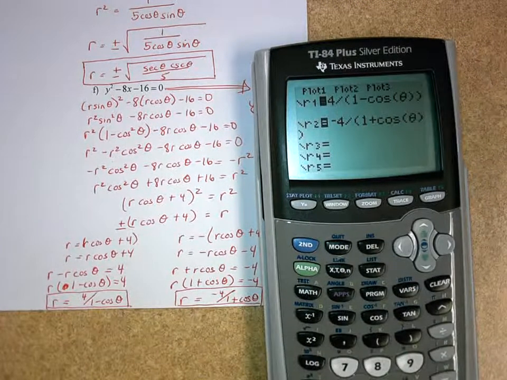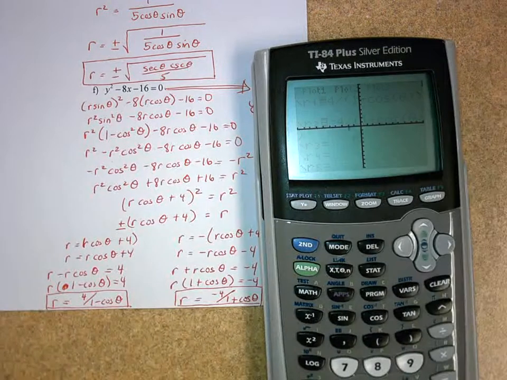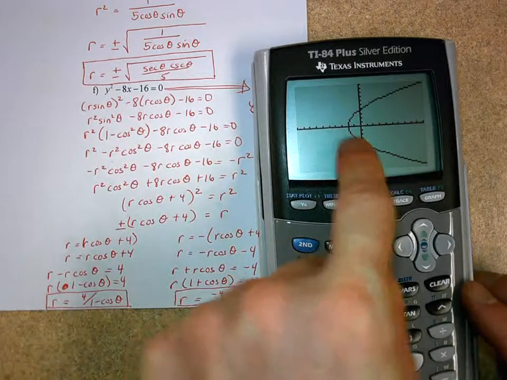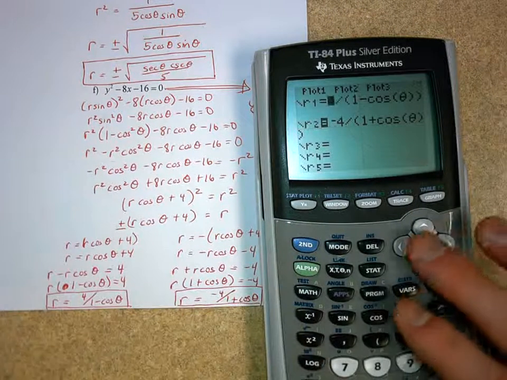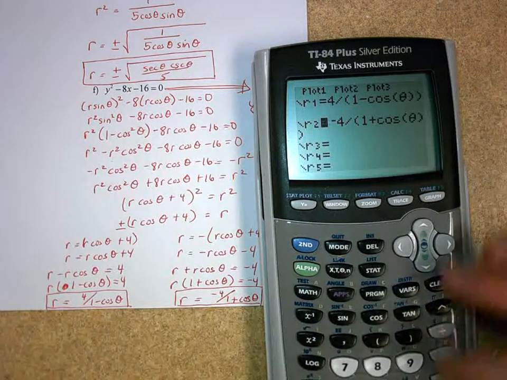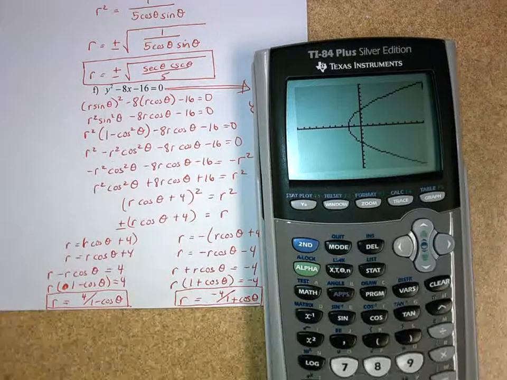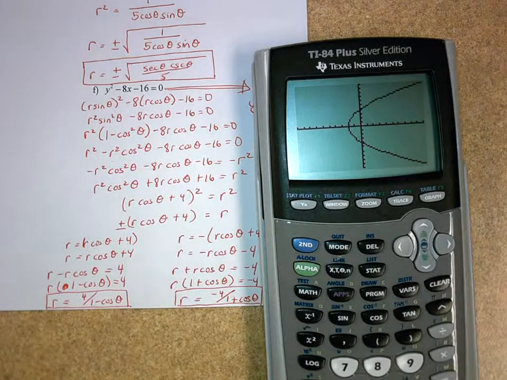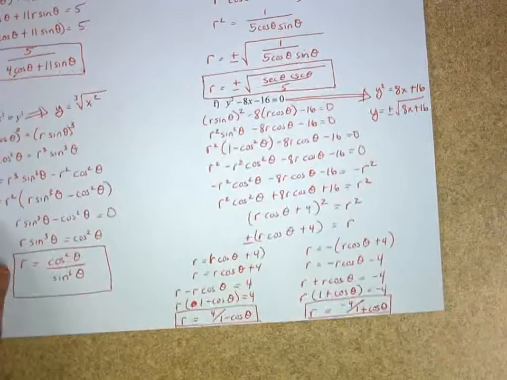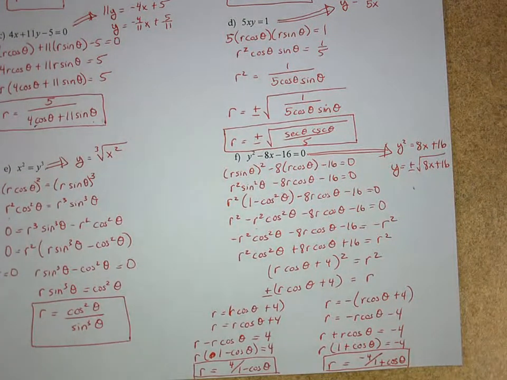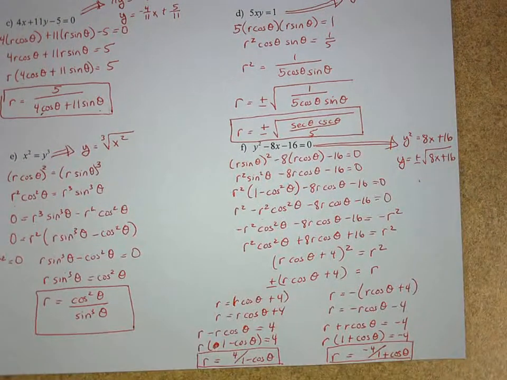Once again, if I choose to turn off one of these, let's say I turn off R1, there's my parabola being drawn down and then coming back this way. If I have R2 turned off and R1 turned on, well, there's my normally drawn parabola. So both of those are equivalent ways to write the exact same equation that we needed up here for both of those in order to work.